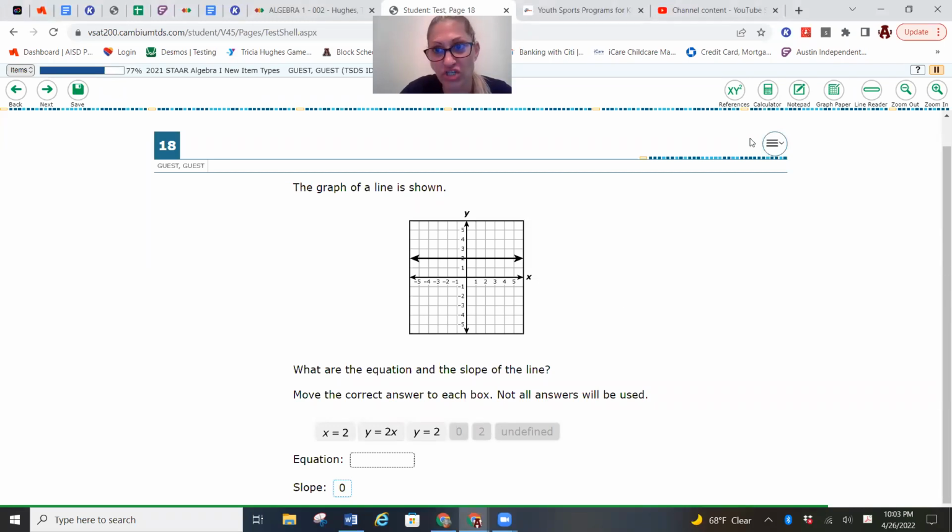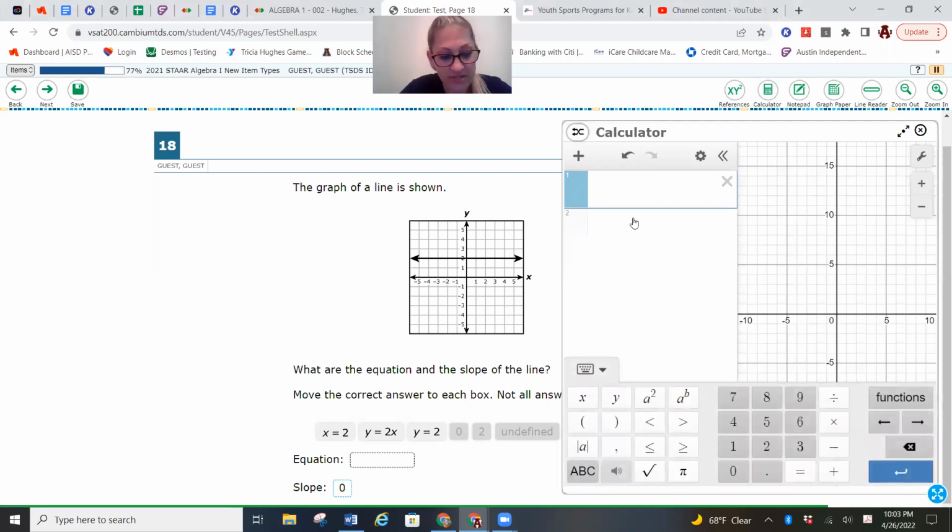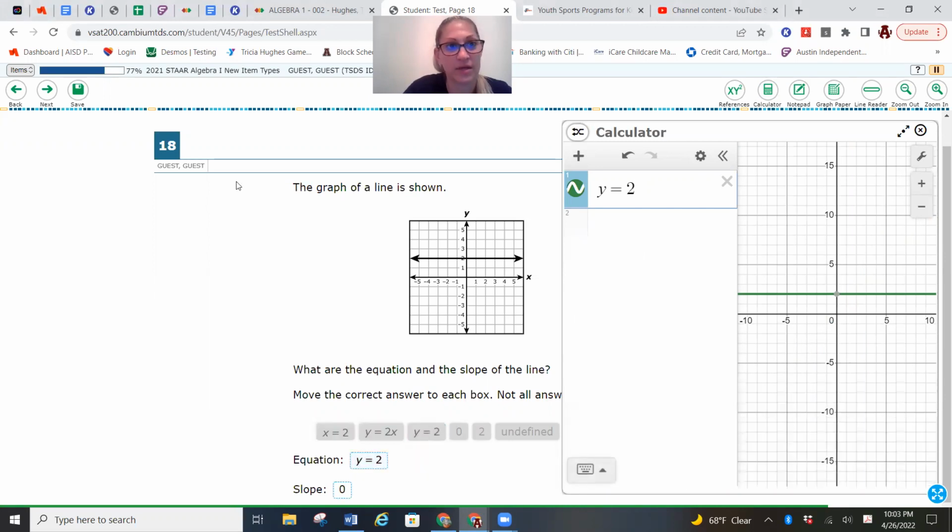And the equation of this line, be smarter than the test. Type in x equals 2. X equals 2. Does that look like that line? No. Y equals 2x. Does that look like that line? No. Y equals 2. That looks like the line. Drag it in. Save that and move on.